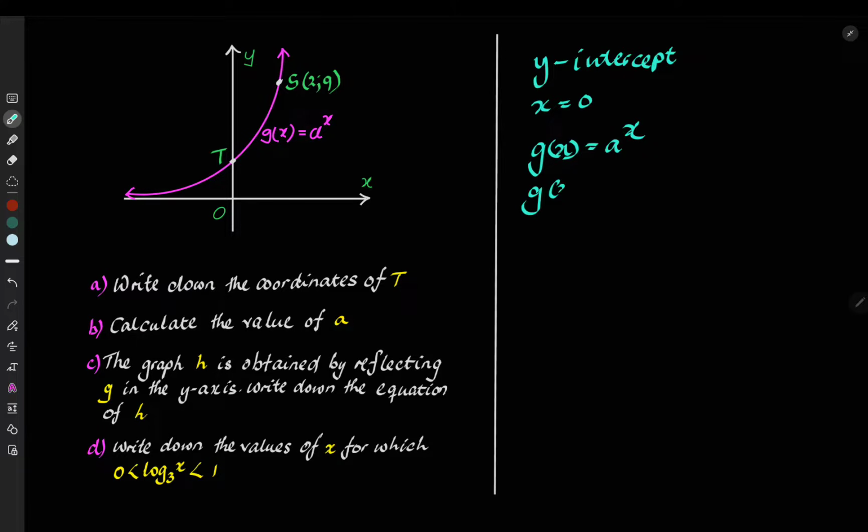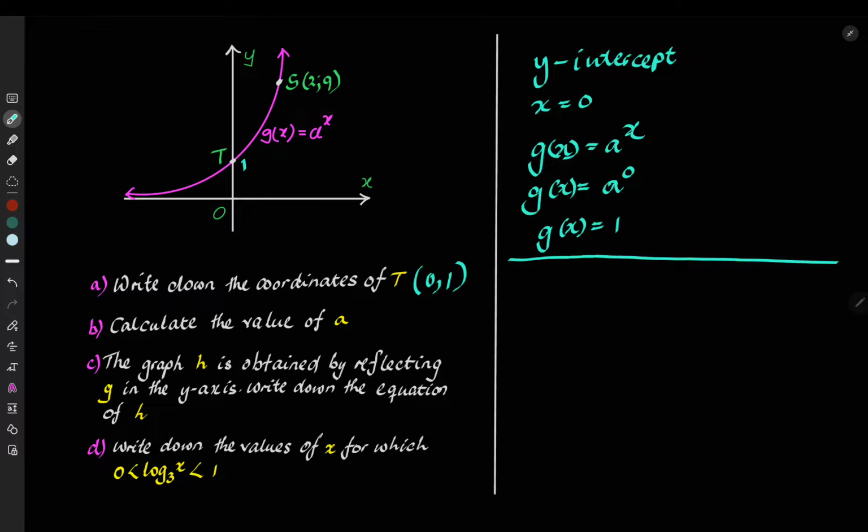So g of x will be equal to a to the power of 0. And if you remember very well, any number raised to the power 0, from laws of indices, is equal to 1. So then g of x will be equal to 1. So the coordinates of the point T here will be 0 and 1. And that is how you do the coordinates of the point T.